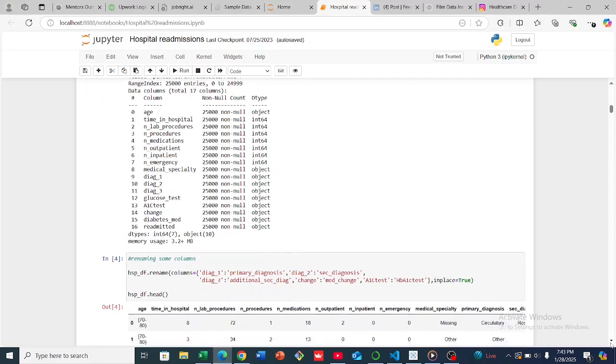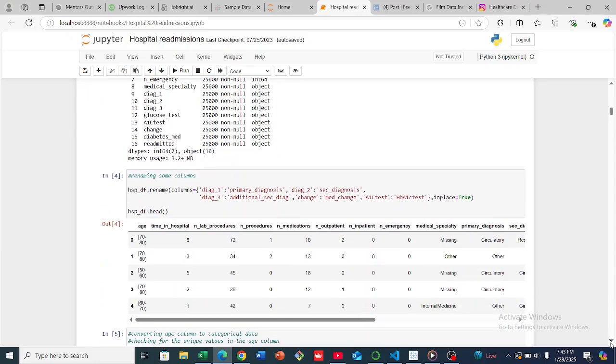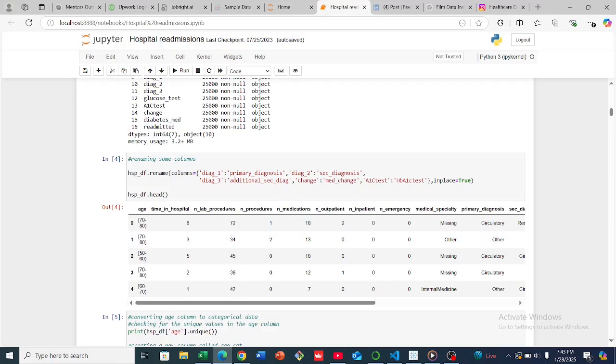Okay, so the next thing I did was to rename some of our columns, like the diagnosis columns, which came in as dag 1, dag 2. For dag 1, I renamed it to primary diagnosis. Dag 2 was our secondary diagnosis, while dag 3 was our additional secondary diagnosis.